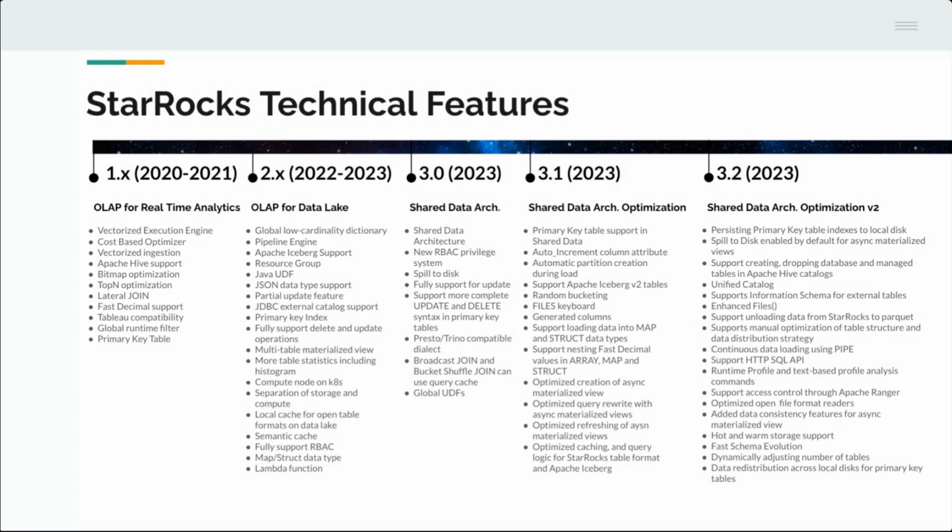So we provided a new cost-based optimizer, a new vectorized ingestion engine, support for more types of joins and more types of data types. We spent a year basically rewriting some of the core capabilities of the OLAP database.